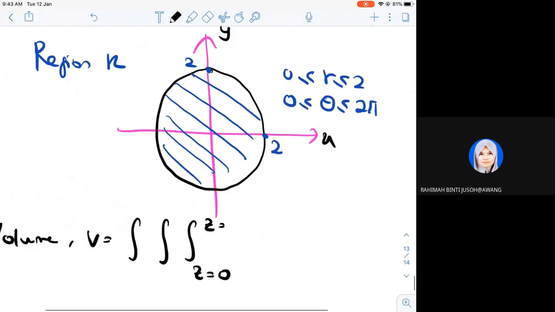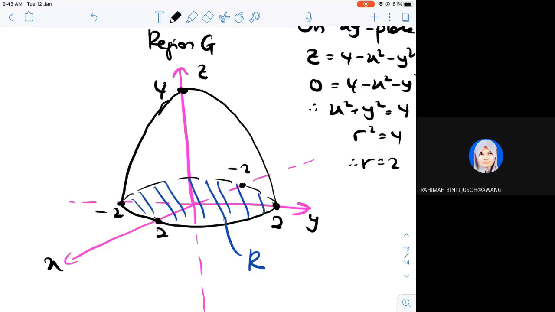However, guys, you have to be careful. Limit bawah kita tapak memang 0. Tapi bumbung kita yang ni. This is upper limit of Z. So, this is Z equals to 4 minus X squared minus Y squared, isn't it?